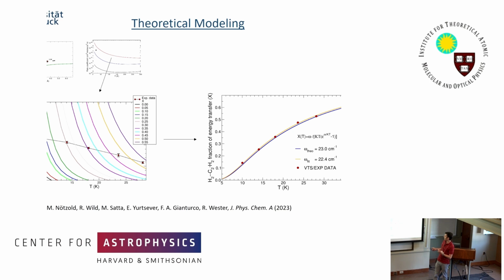Now, the blue line is where omega is the energy of this vibrational bending mode of this full object, which is quite reasonable.